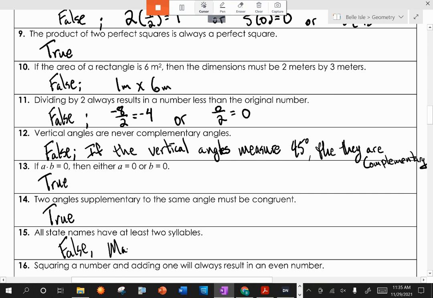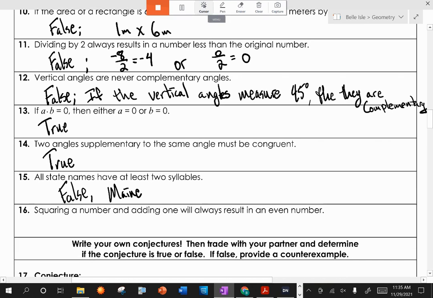Okay, Maine. Okay, number 16. Squaring a number and adding 1 will always result in an even number. 36. Yeah, 6 times 6 plus 1 is 37, which is not even. Yes. Okay.